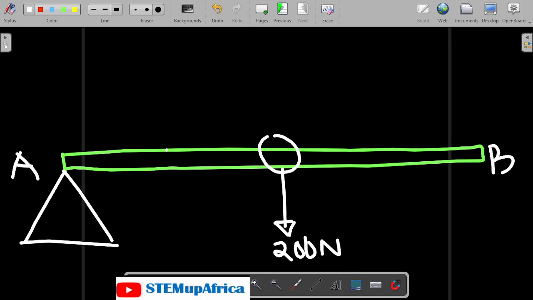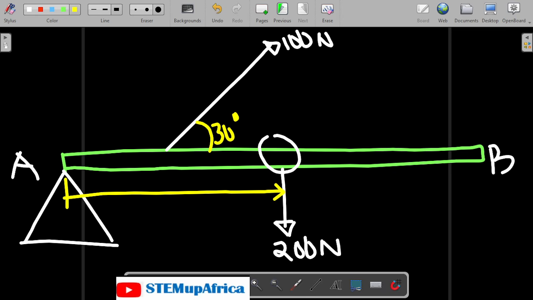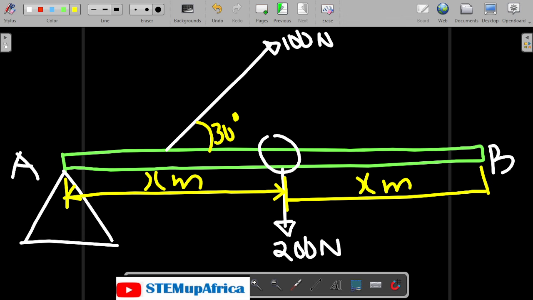So we have a rope here with a tension of 1000 Newton, and the angle inclined to the rod is 30 degrees. So we know that the distance from A to the center of the rod is X meter. From the center of the rod to B is also X meter. And we were told that from the pivot to where the rope is attached is 2 meters.